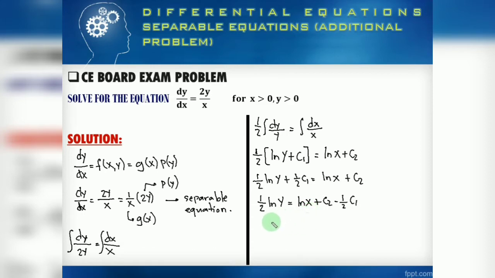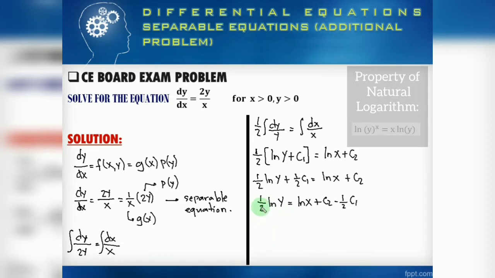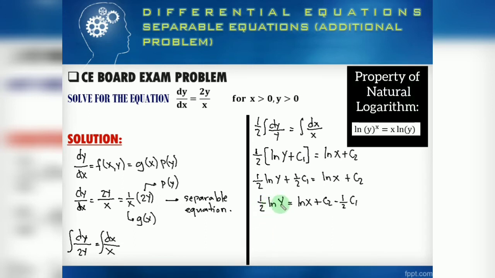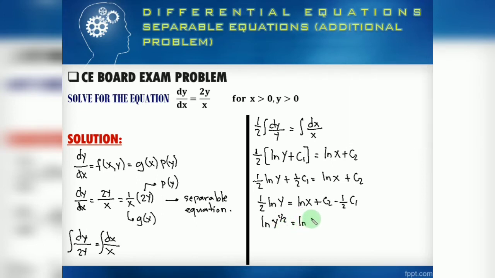We also have a property of the natural logarithm: 1/2 ln y is equal to the ln of y raised to the 1/2. Then we have ln of x plus c2 minus 1/2 of c1.